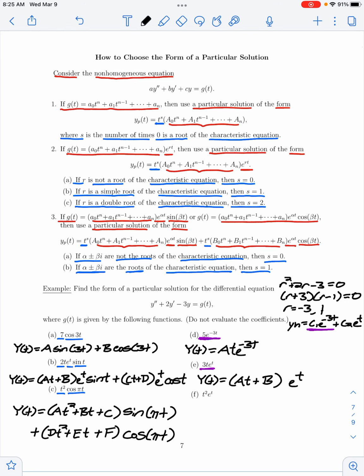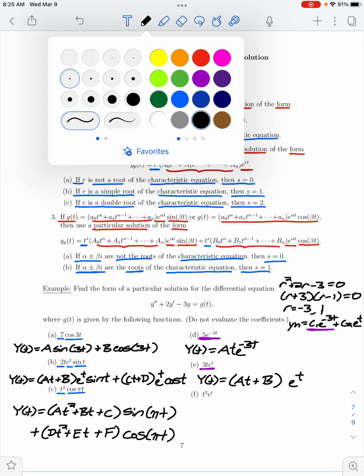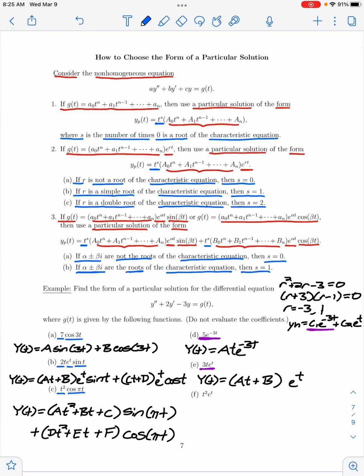But now when we compare this with our homogeneous solution, we see that part of our particular solution, a constant multiple of e to the t, already appeared within the homogeneous solution, so we would need to multiply this by a factor of t, giving us at squared plus bt times e to the t power.